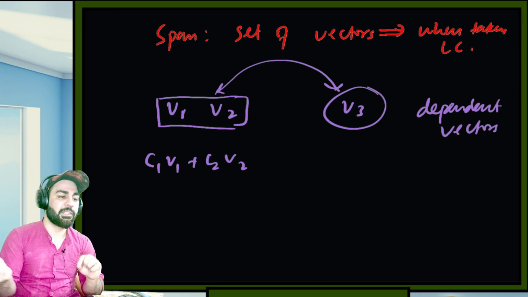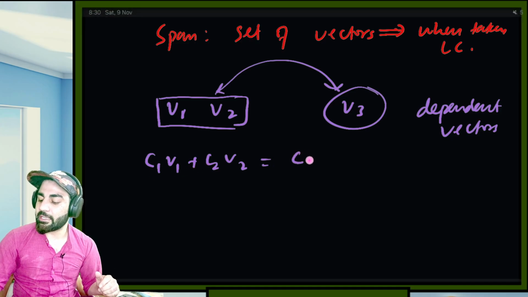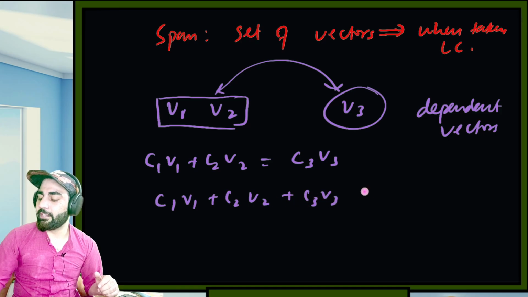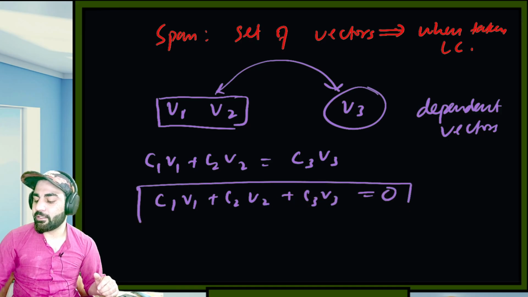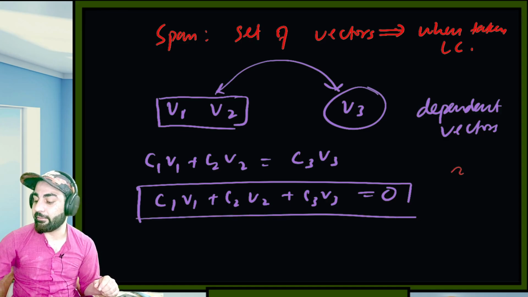Why? Because this v3 is somehow reachable. So how can I write it? I can say c1 v1 plus c2 v2 plus c3 v3 equals 0 mathematically. If this thing is equal to 0, then they are linearly dependent vectors.